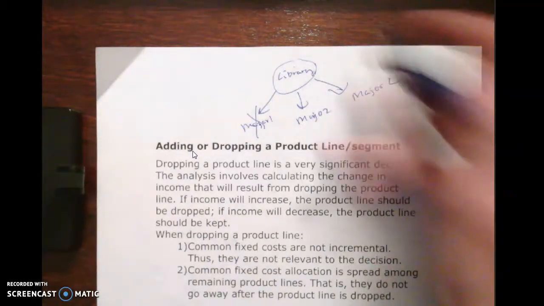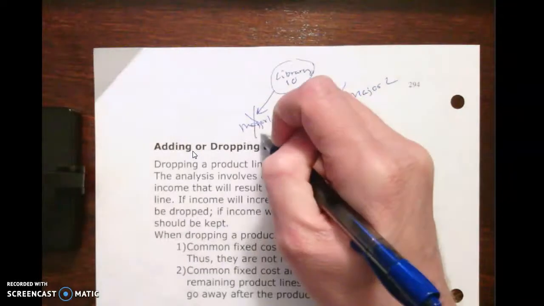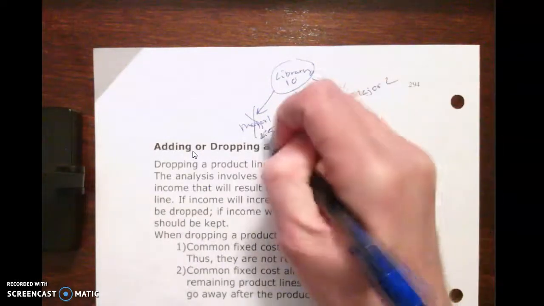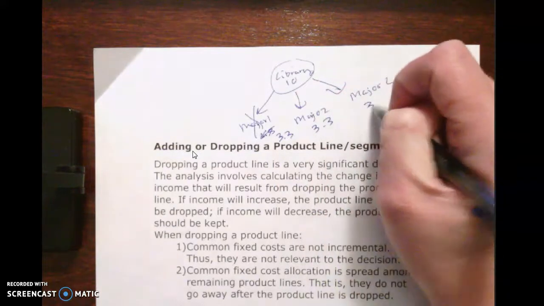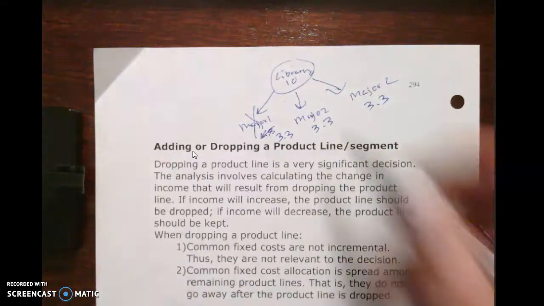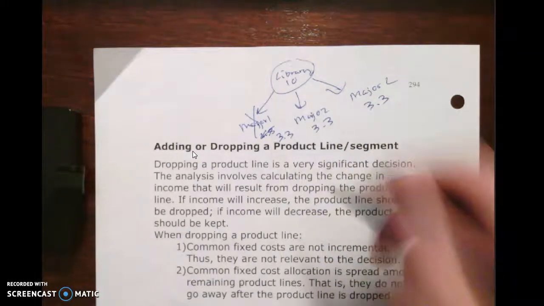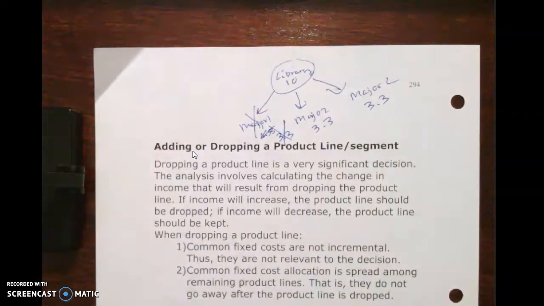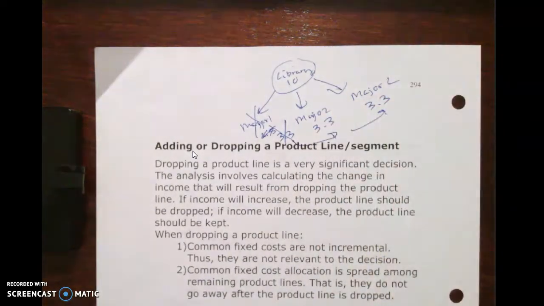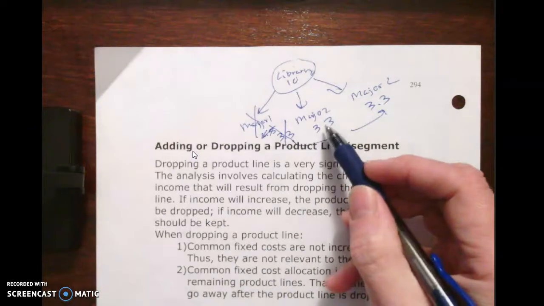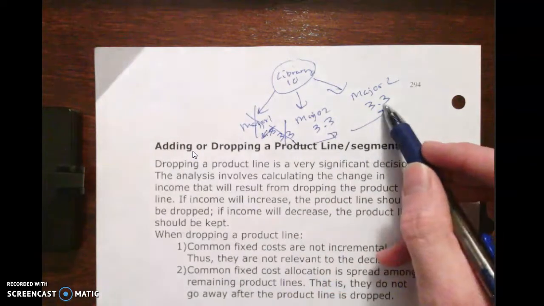The problem is that let's say the library has $10, and we have $3.30 here, $3.30 here, $3.30 there. Each major gets 1/3. If we drop Major 1, this $3.30 comes over, so that this increases, and this also increases.